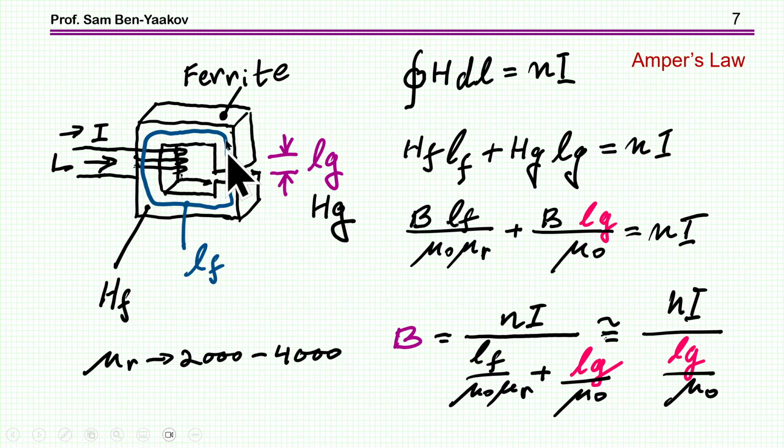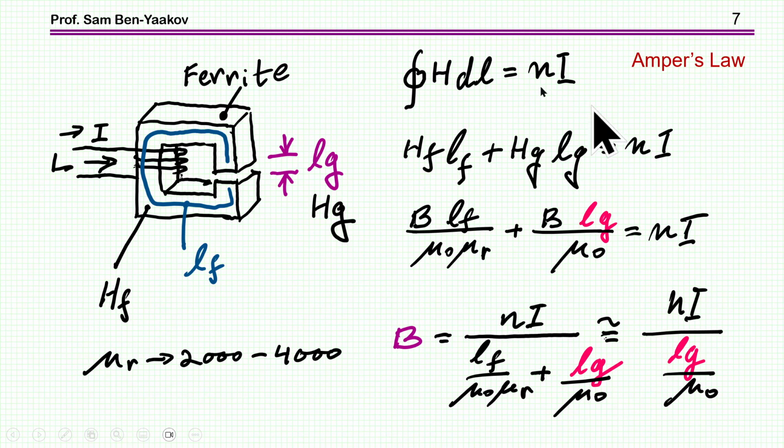One is the ferrite part here, and one is the air. So we break down this integral into two discrete parts. And this is now the magnetic field within the ferrite, the magnetic path length within the ferrite, and this is the magnetic field within the gap and the length of the gap.